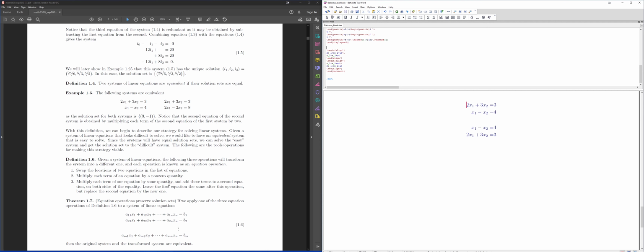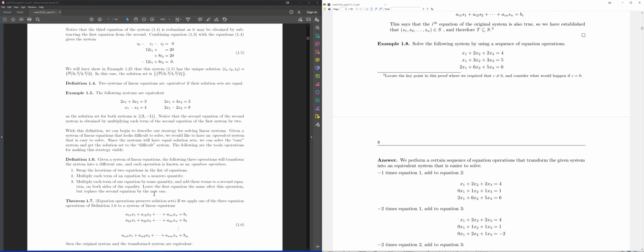Your last type of the 3 types of equation operations is when you multiply each term of an equation by some quantity and add it to a second equation. And we've actually been using that already. We did that already.